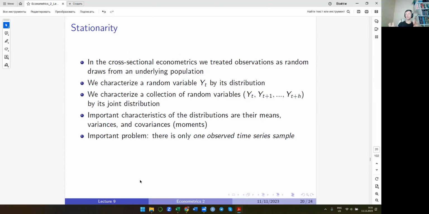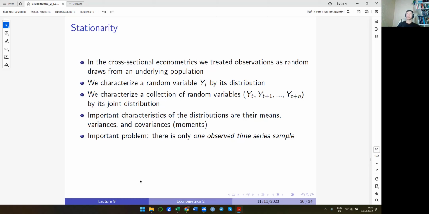Whenever we spoke about cross-sectional data, there is a gazillion of people. We can take a sample of 1,000 people and record some characteristics. We can take another sample and record their characteristics. We can take a third sample. And all the time, the samples are going to be different, hopefully.